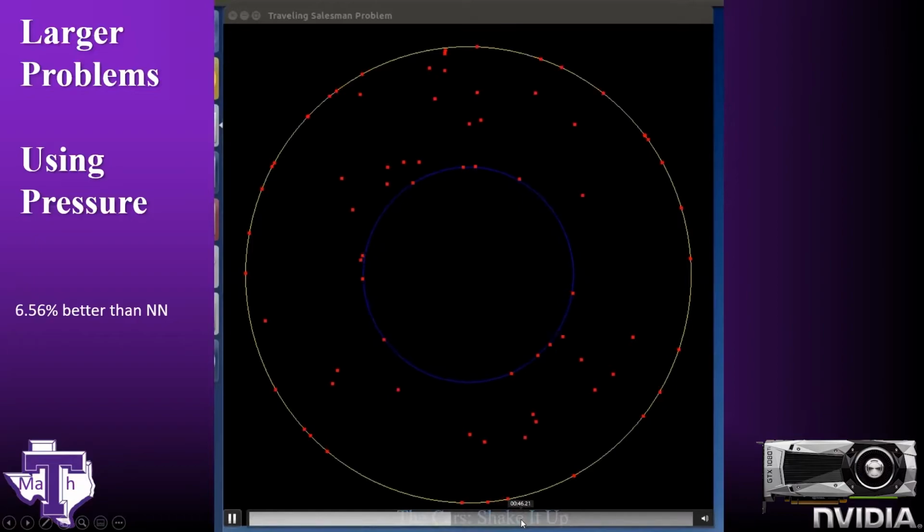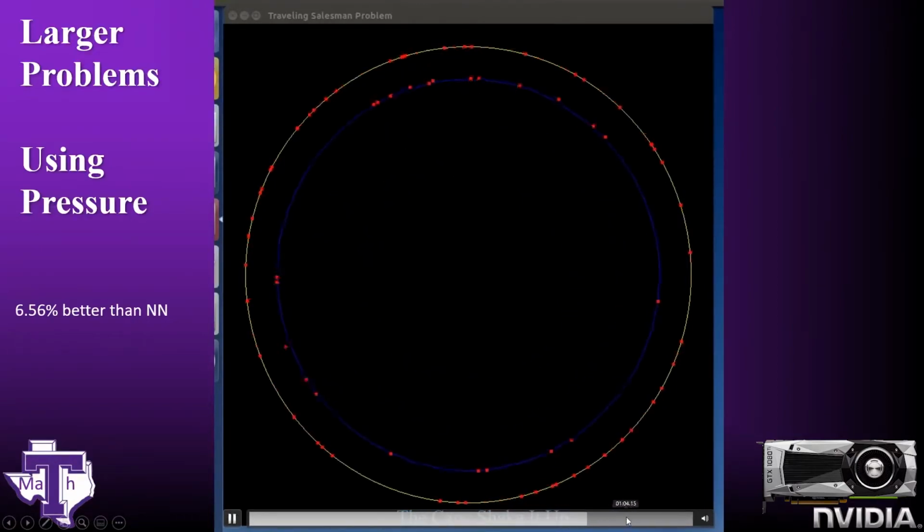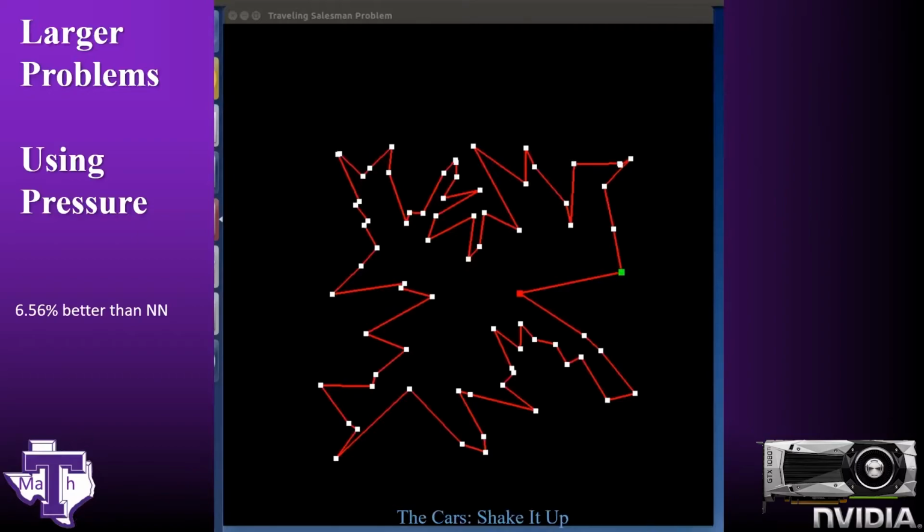Let me speed this up a little here. And there's the final path. And it worked much better than just the naive approach that we started with.